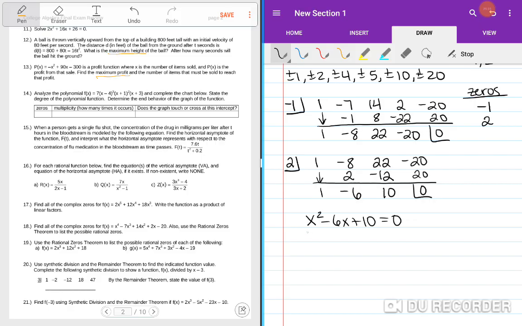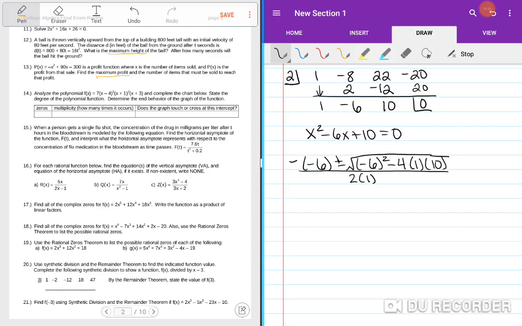We're going to have to use the quadratic formula: negative b plus or minus the square root of b squared minus 4 times a times c, all over 2 times a.